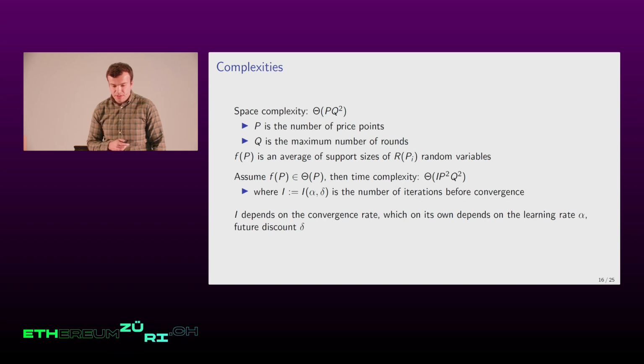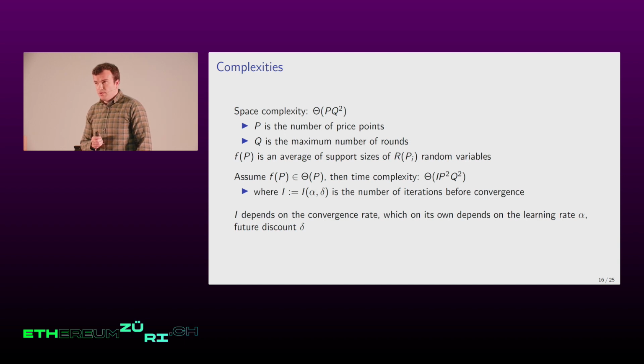Then the space complexity is the size of this large matrix, PQ square, and this is not a bottleneck. Then we need to also assume something about the support of the random variable that defines the next round price. If we assume that this is linear in the price, as in the case of normal distribution, then time complexity is P square, Q square.